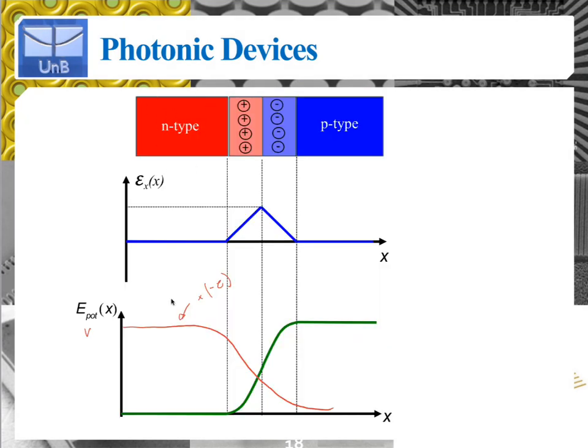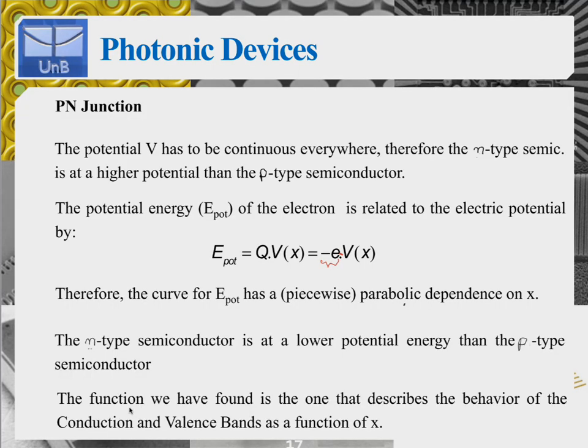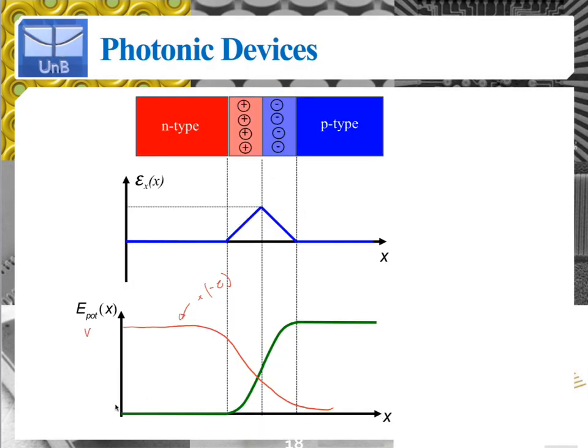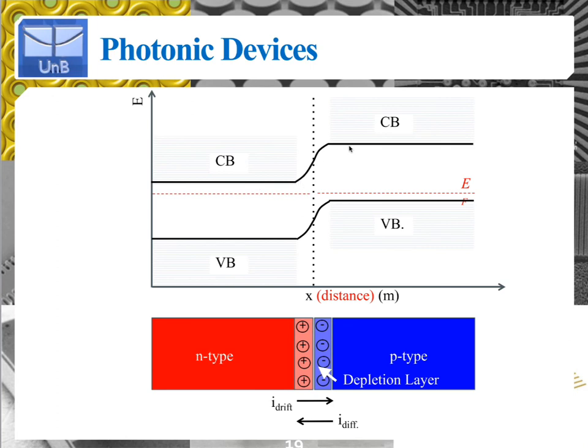The n-type semiconductor side is at a lower potential energy than the p-type semiconductor is, and the overall potential energy distribution looks like this. So the function we have just found is the one that describes the behavior of the conduction and valence band energies as a function of x. Because this curve describes the potential energy along the junction when the depletion region is formed, because of the electrostatic potential of the depletion region, this is going to be the overall shape of the band edges, right?